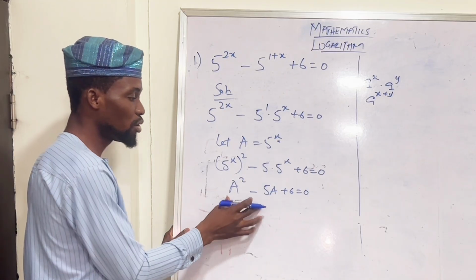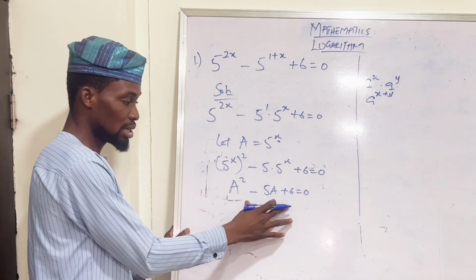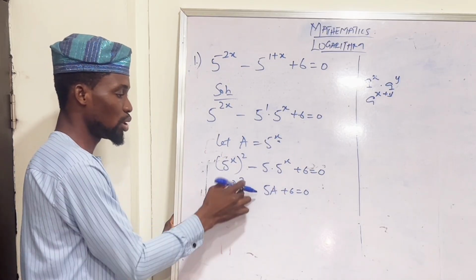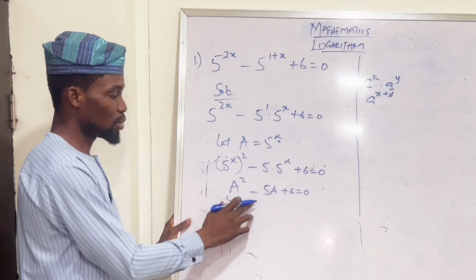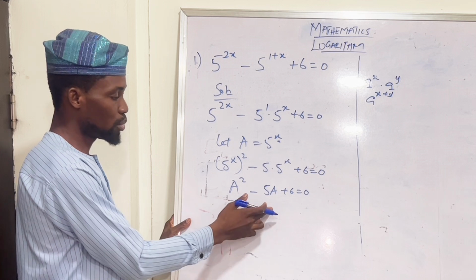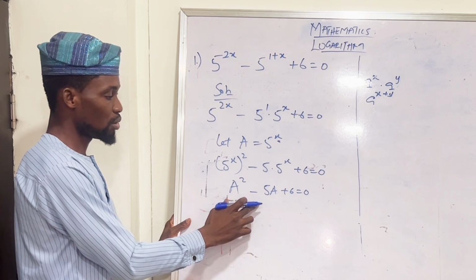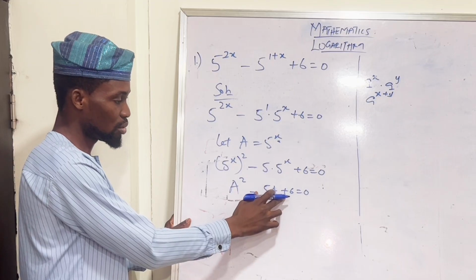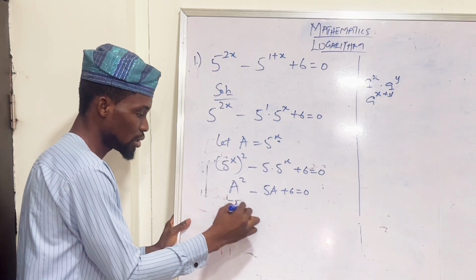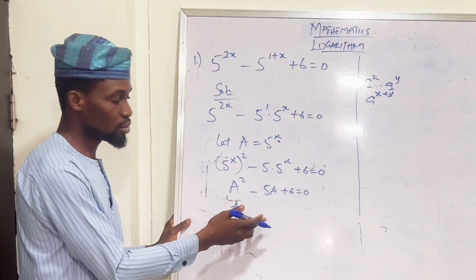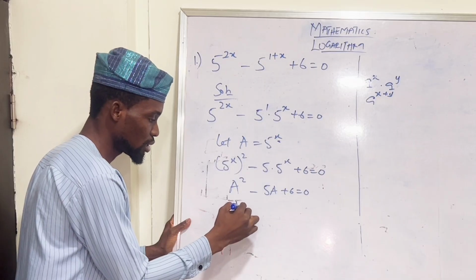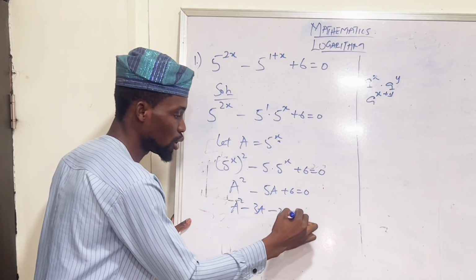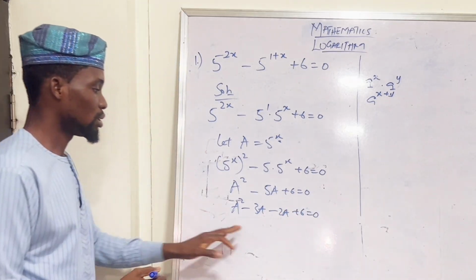At this point, solving quadratically, what will I have? Minus 5 plus 6. Minus 6 plus 1 will give us minus 5. But this is plus 6, so that does not work. So what will work here is minus 3 plus minus 2, where I have a squared minus 3a minus 2a plus 6 equals to 0.